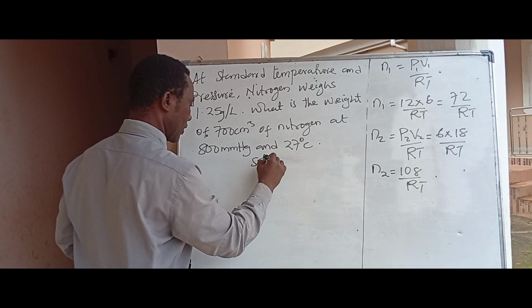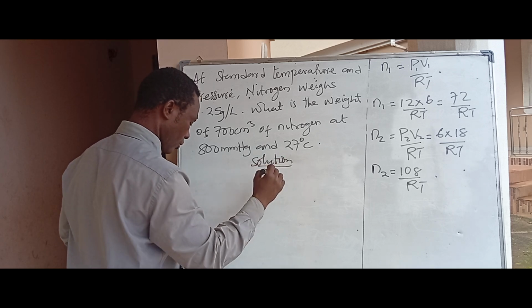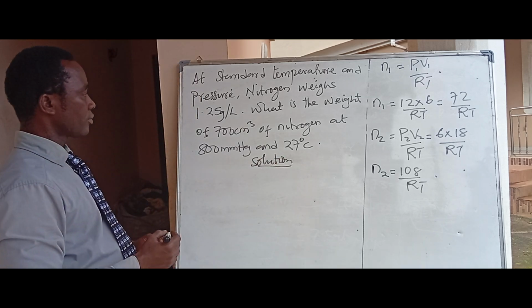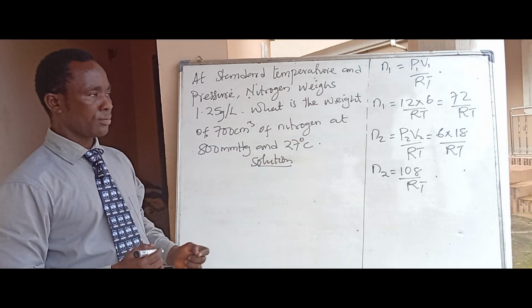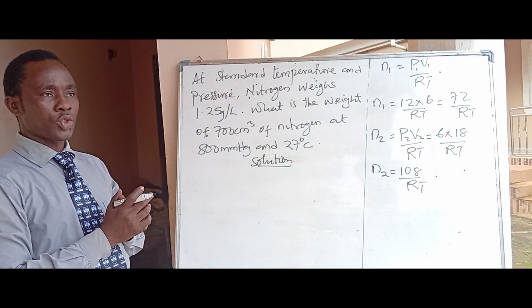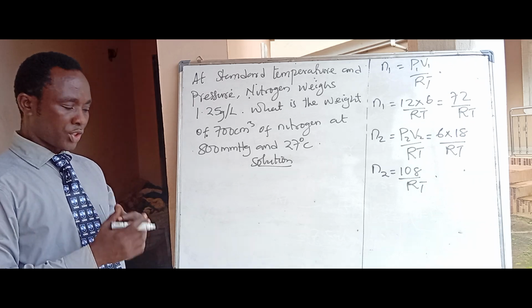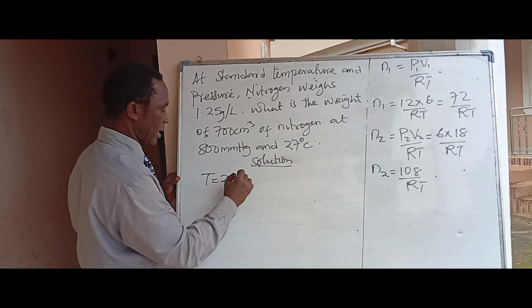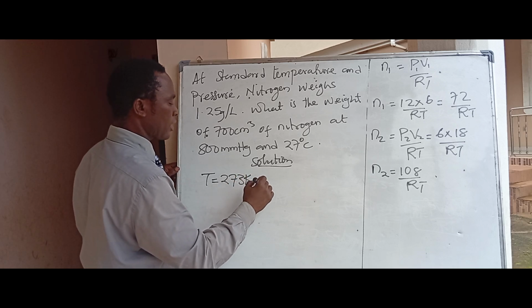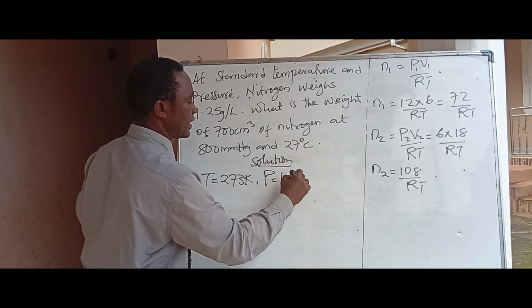So let us take a solution. At standard temperature and pressure, what is standard temperature and what is standard pressure? Standard temperature T is 273 Kelvin and standard pressure P is 1 atm.